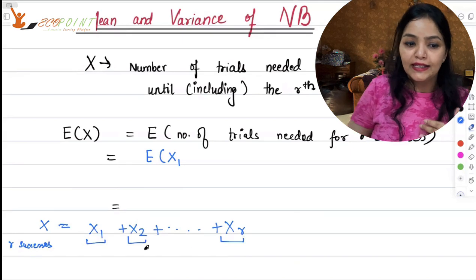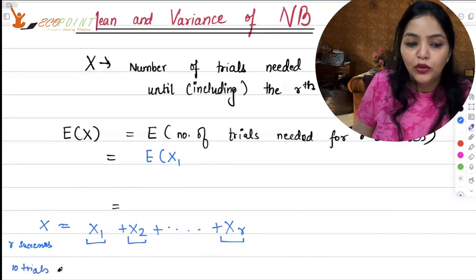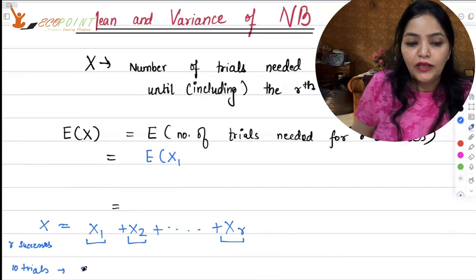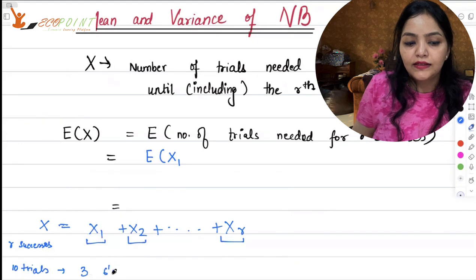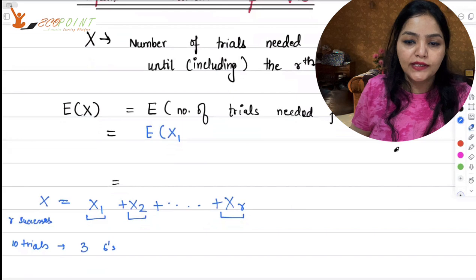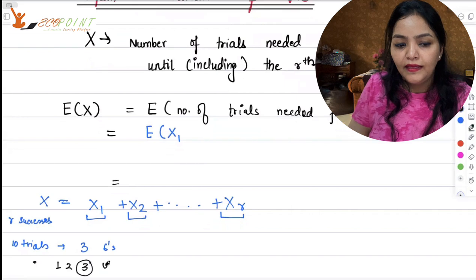So, for example, in the case that I gave you, suppose you are taking 10 trials to get 3 sixes. It's quite possible that I might get my first success in the third trial, and then I might get my second success in the 7th trial.